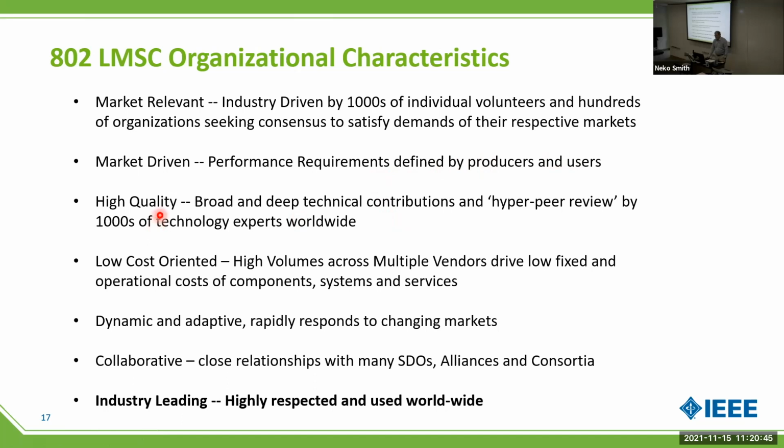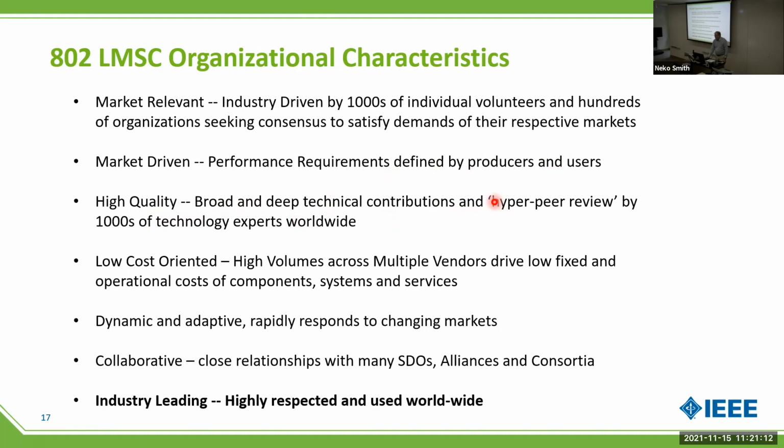We produce extremely high quality documents in 802, by virtue of what I call hyper peer review. The 802.11ax document, I think, was 1,500 pages. There were tens of thousands of comments on that document. It took many years to get to the point where it was ready for final balloting.